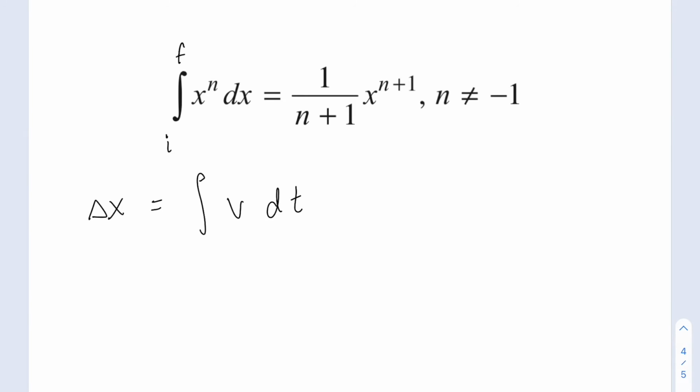Okay, so those are called limits of your integral. And here our limits are going to be in terms of time, and we're starting at time equals 0, and we are ending at time equals 6 seconds. Okay, if we want the displacement after 6 seconds.